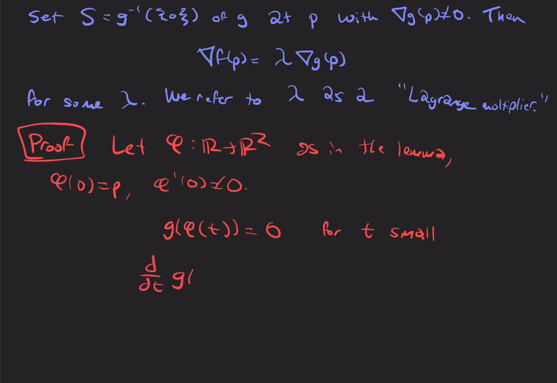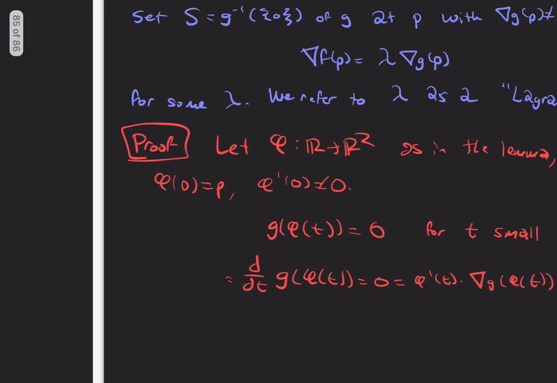So d/dt of g of phi of t, which is phi prime of t dotted into the gradient of g of phi of t, is equal to 0.